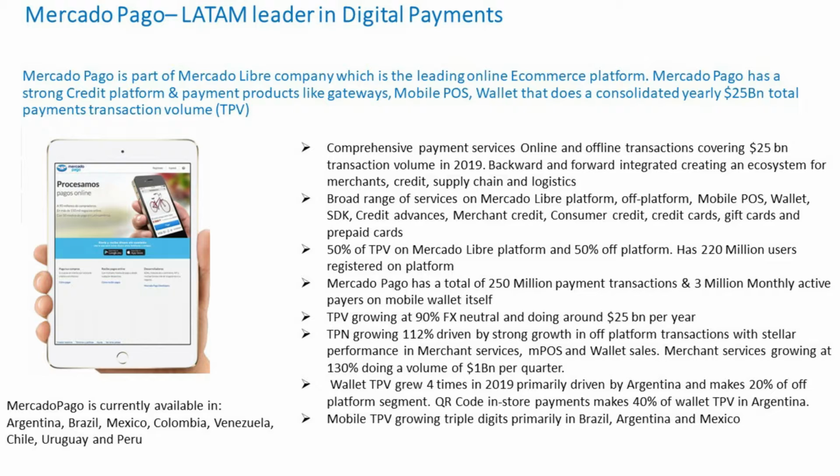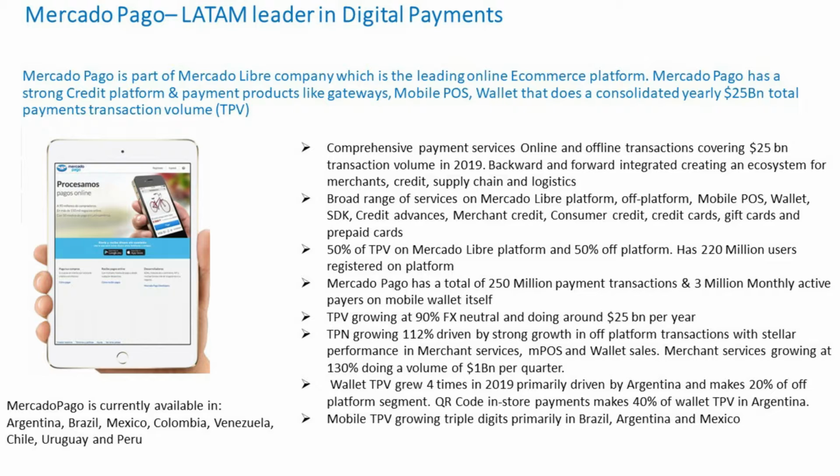They have a broad range of services on the Mercado Libre platform, and even off the Mercado Libre platform, Mercado Pago gives payment services, like the point of sale for merchants, digital wallets, and SDKs. They have credit advances, merchant credit for working capital loans, then consumer credit for consumer spending, credit cards, gift cards, prepaid cards. Name it, every sort of payments and card service is provided.